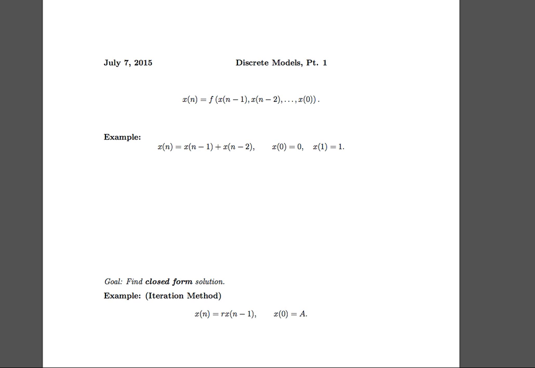And we can represent this typically, assuming that the way that something changes is constant, as a recurrence relation. And so what we've got right here at the top of the page is the general form of a recurrence relation.